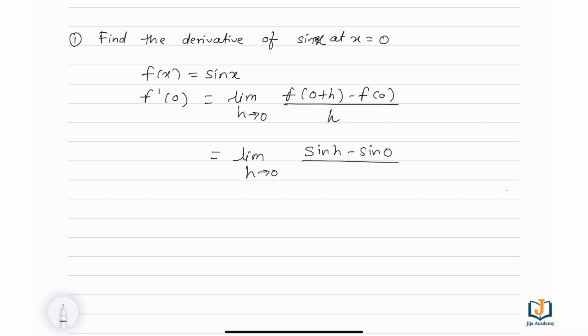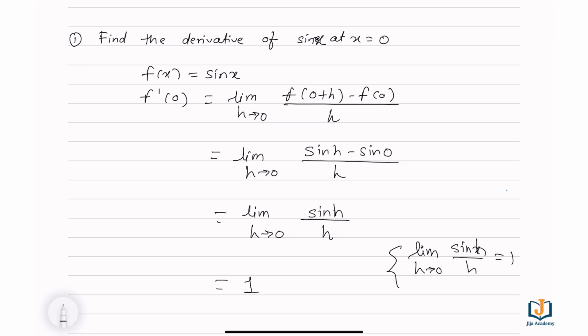So we get limit h tends to 0 of sin h divided by h, and we know that limit h tends to 0 of sin h upon h is equal to 1. So here the answer is 1.